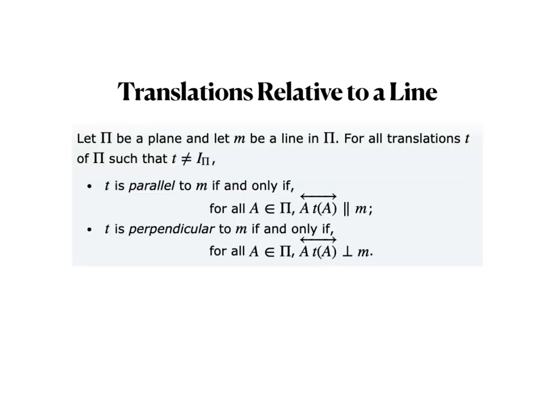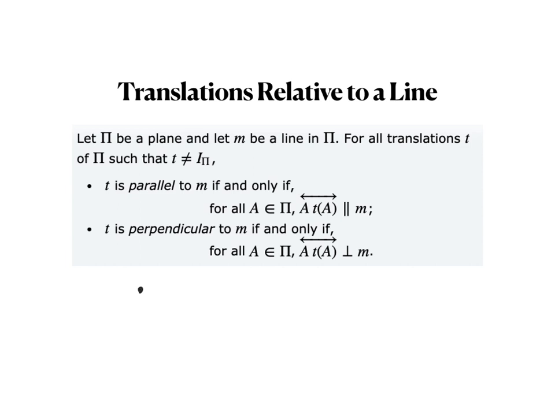Here's a little bit of vocabulary for you. This involves translations relative to a line. So if I have a plane pi and I have a line M, for all translations of pi where my translation is not the identity mapping, my translation is parallel to M if and only if the line I join between my point and its image is parallel to M. So let me show you what I mean by that.